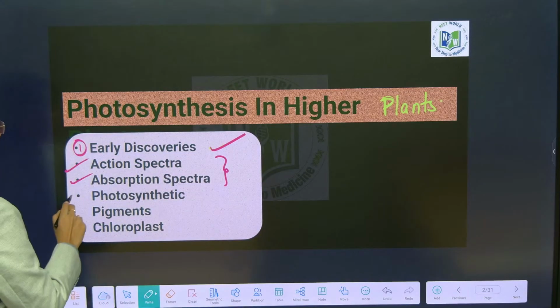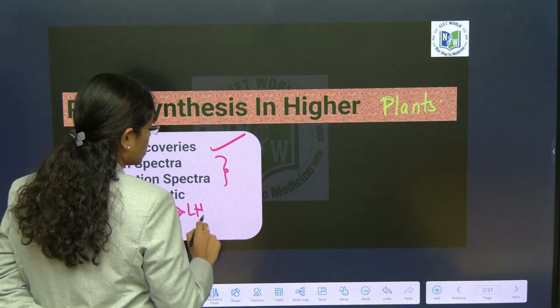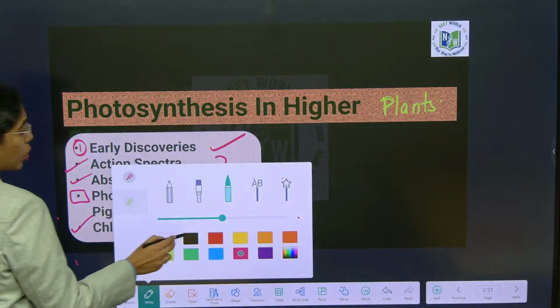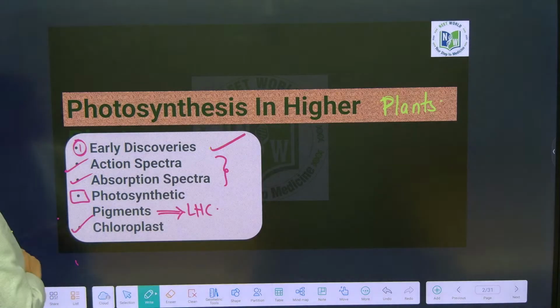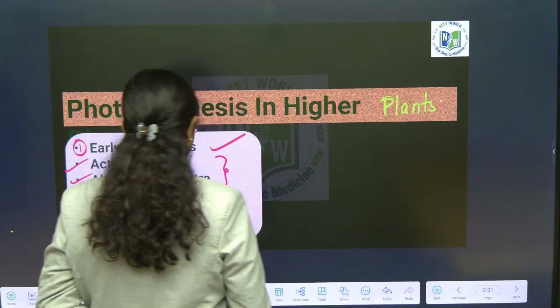And then followed by photosynthetic pigments, looking into light harvesting complexes, followed by the chloroplast organelle.